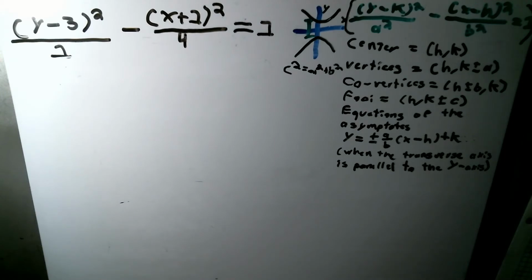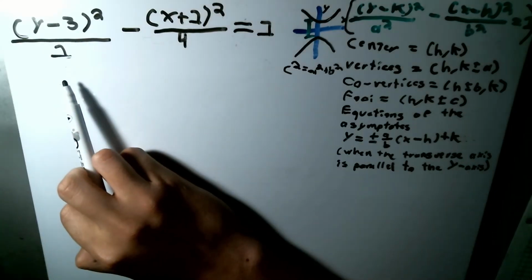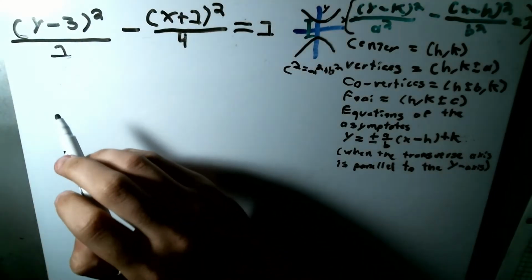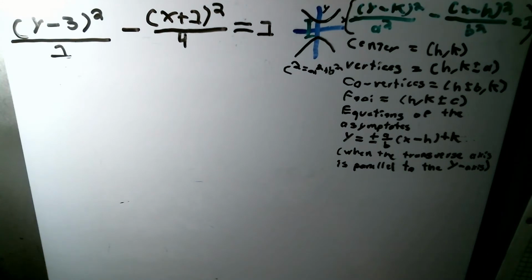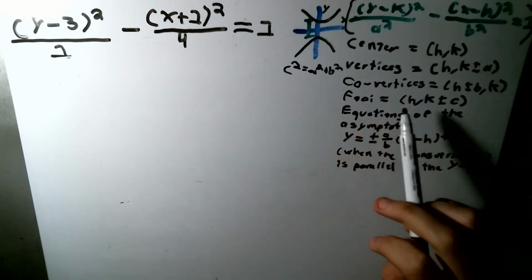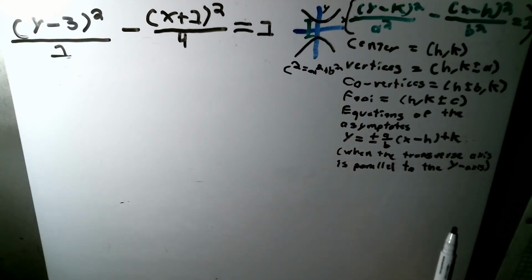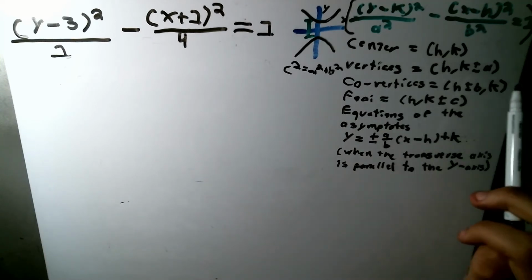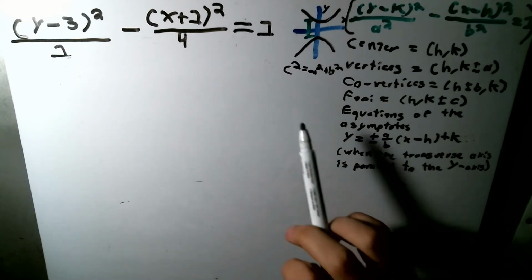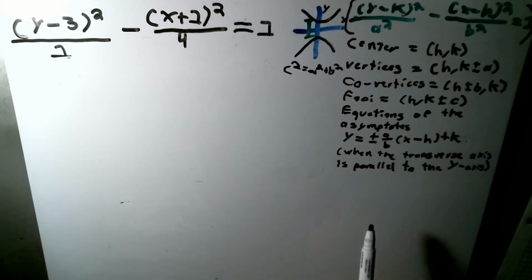First of all, if you see this, you see that we make use of a lot of h, k, a, b, and here is a c for the foci point.